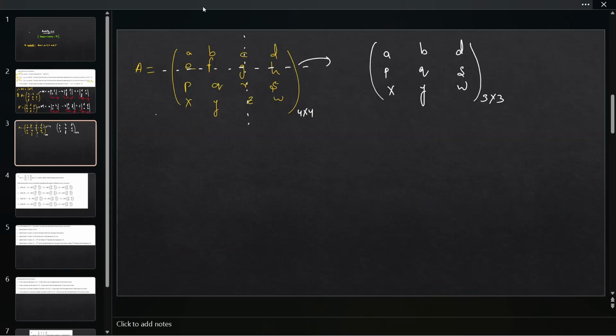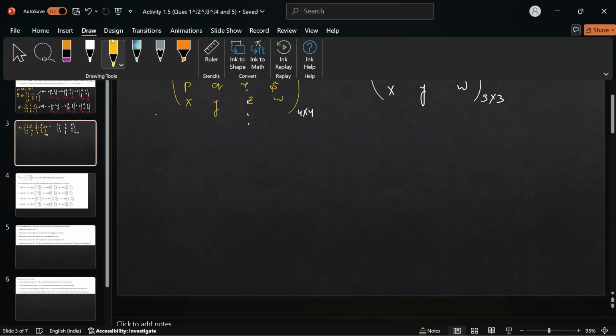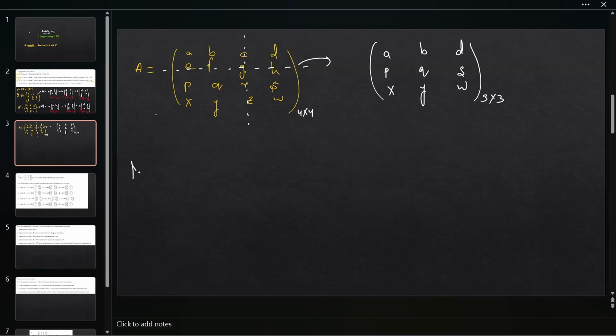Let's say I have a 3 cross 3 matrix, and I am deleting any one row and any one column.